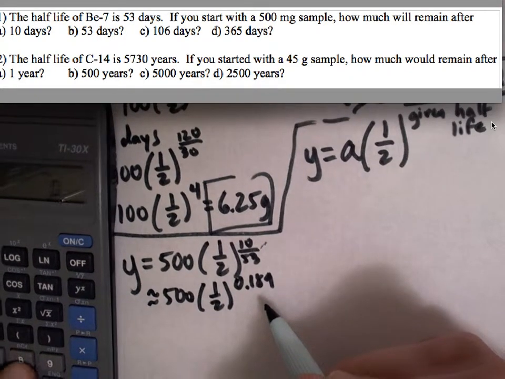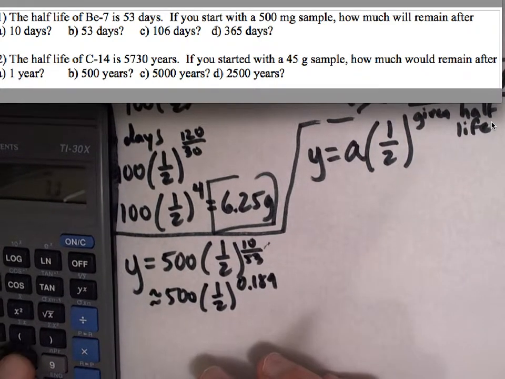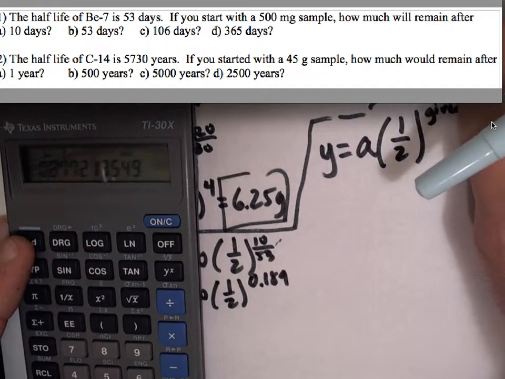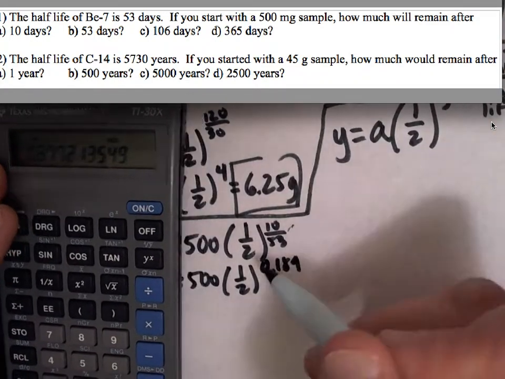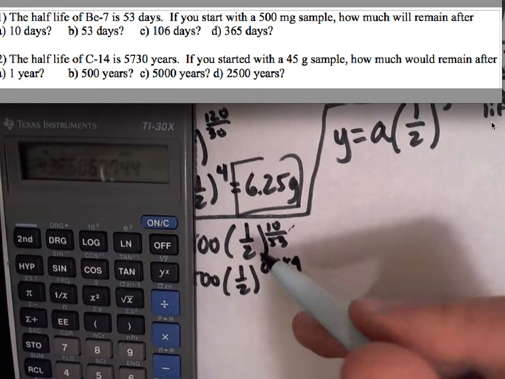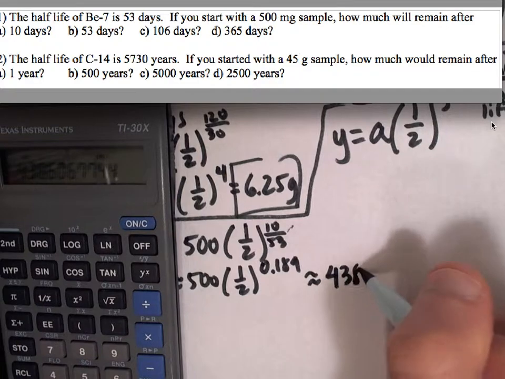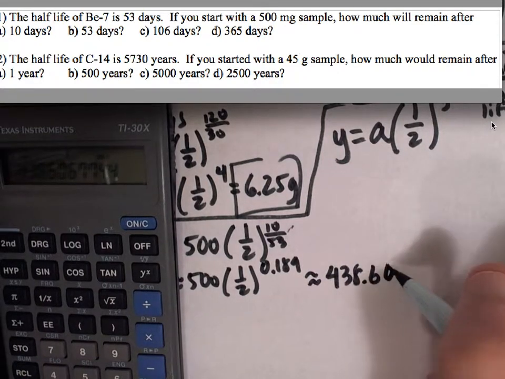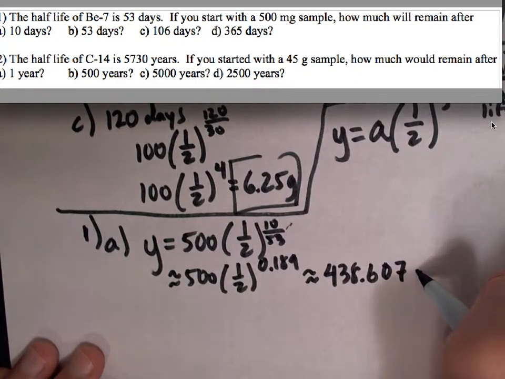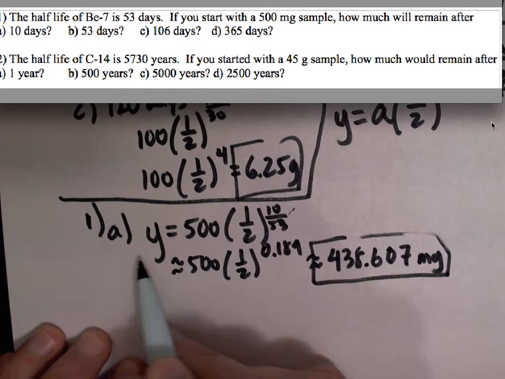So 0.5 to the 0.189 gives us 0.87721, and then we're going to multiply that by 500. So we get approximately, and we'll round this off, 438.607. What was that, grams? Milligrams. Okay, that was letter A.